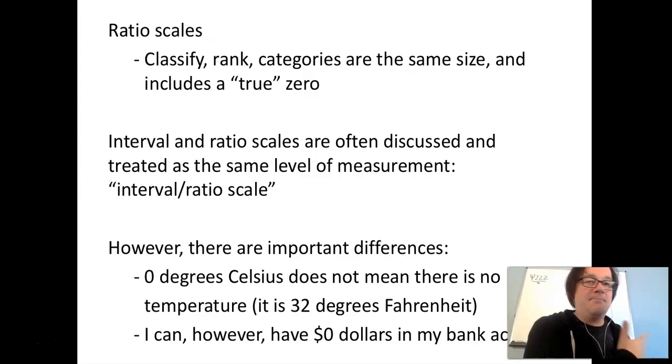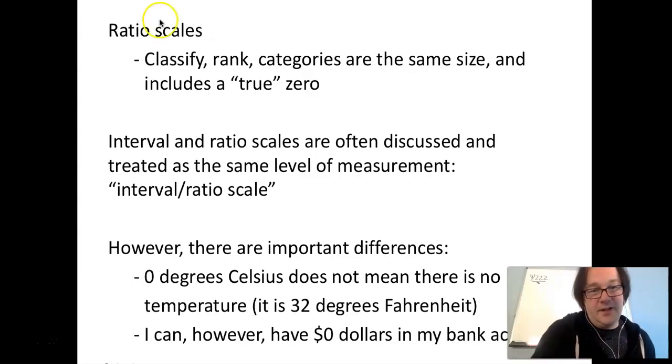Otherwise, they're kind of treated the same way. So they're often treated the same way and discussed the same way. So if you see this right here, this interval / ratio scale, just understand kind of what they're doing.